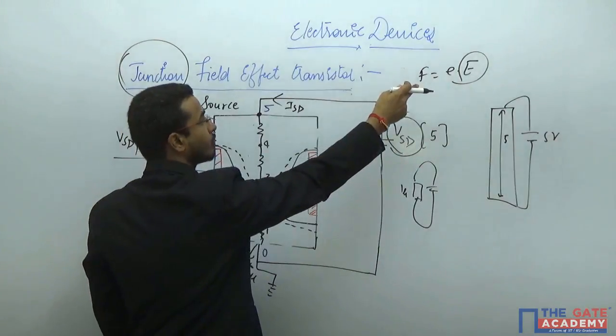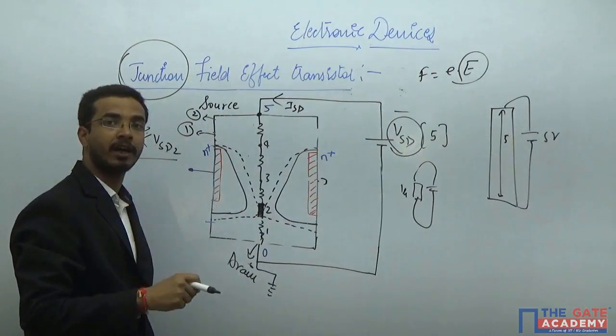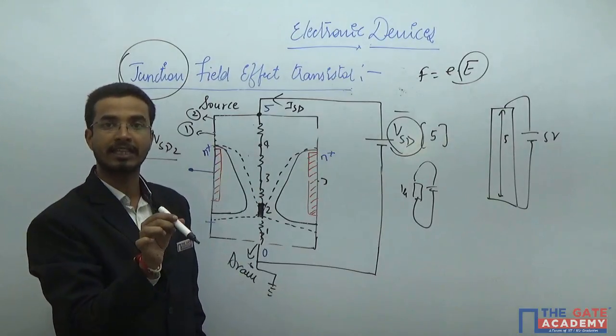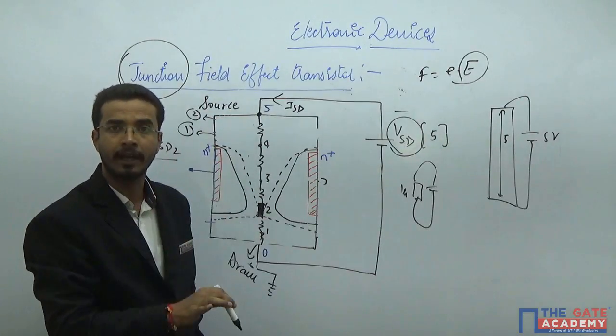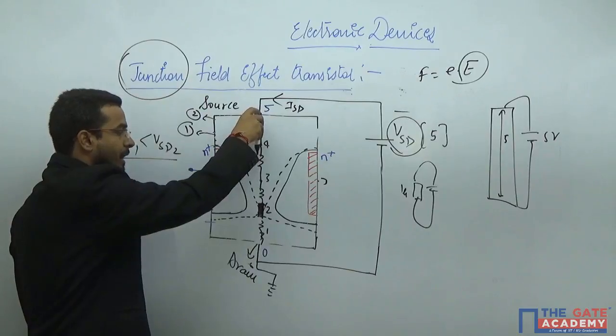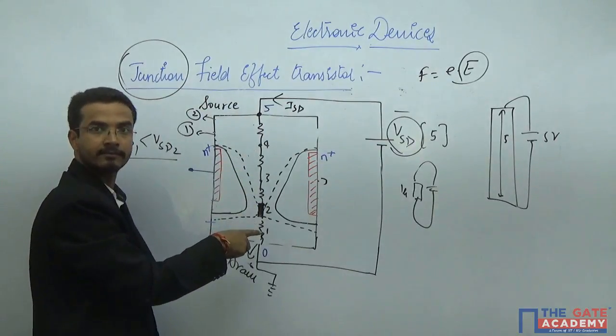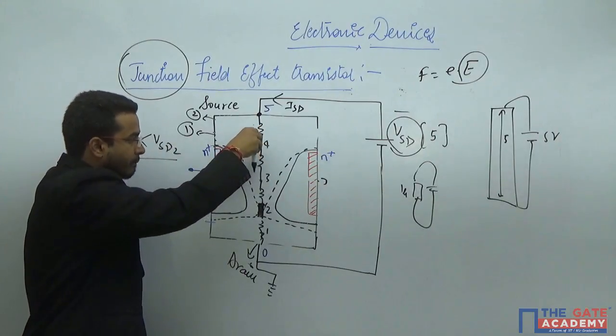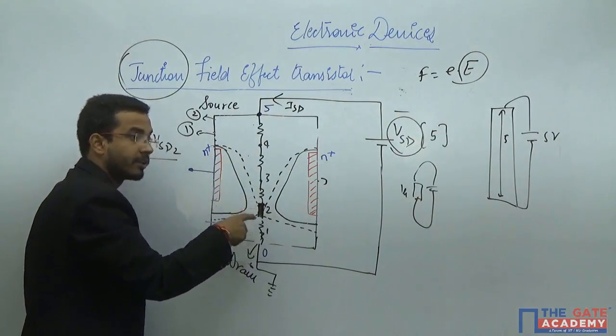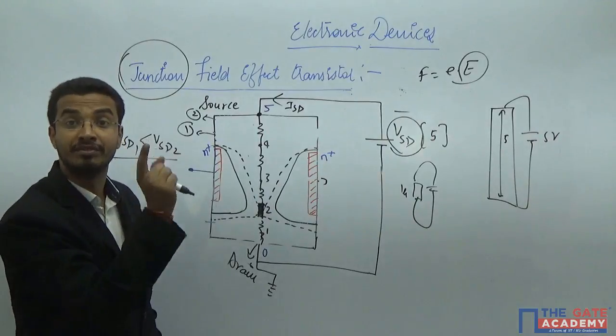And if the electric field is very high, the force on the particle will be very high, due to which the kinetic energy of the electron or the majority charge carriers will be high, due to which that particular particle will penetrate this region. Okay? And if the particle is penetrating this particular region, that will offer some current instead of zero.